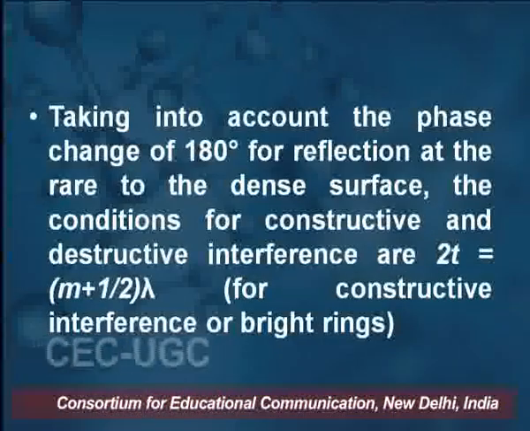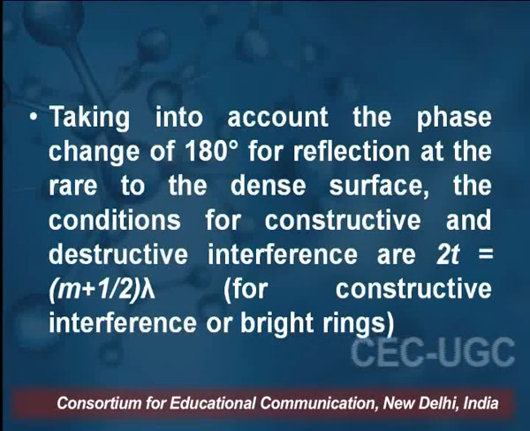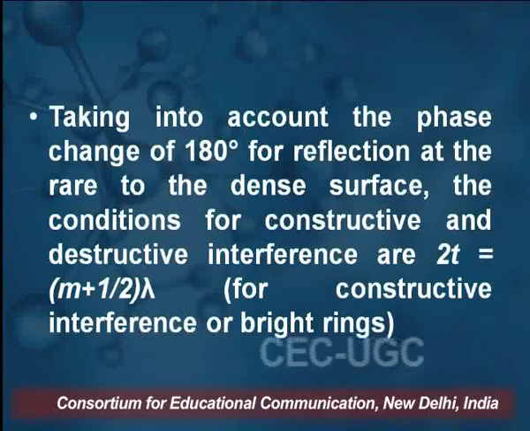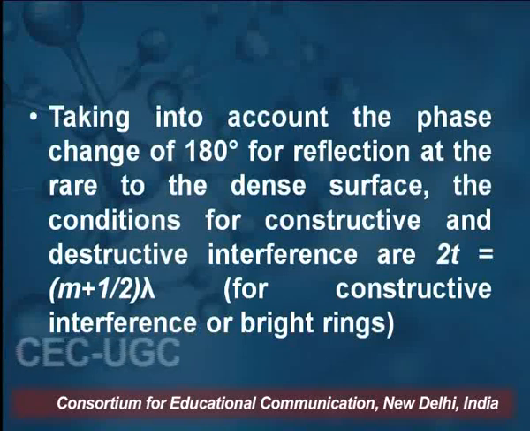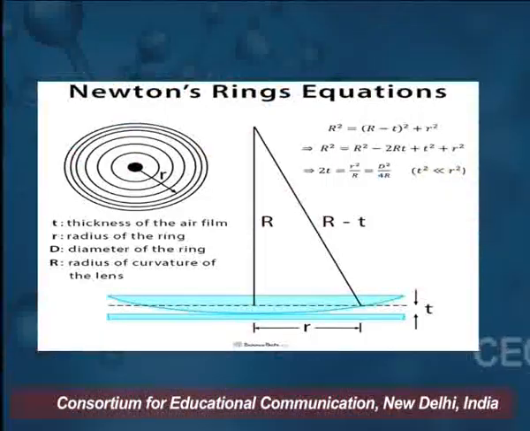Taking into account the phase change of 180 degrees for the reflection at the rear to the denser surface, the conditions of constructive and destructive interference are 2T equal to (m plus 1 by 2) lambda. This is for the constructive interference where we get the bright fringes, and for destructive interference we have n lambda. So this is the Newton's ring equation I will calculate.